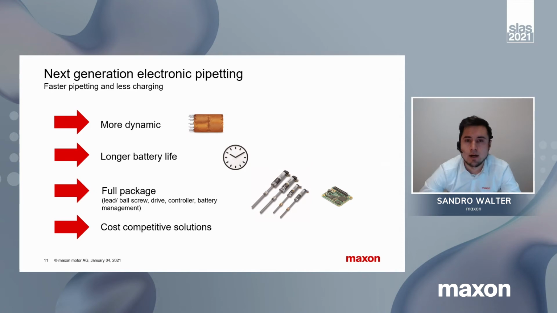And thanks to the wide range of the Maxon offering, so the spindle drive, motor, gearbox, and controller from one single source, we were able to offer a cost-competitive solution compared to a stepper motor solution, with, in addition, a technical advantage over the other technology.